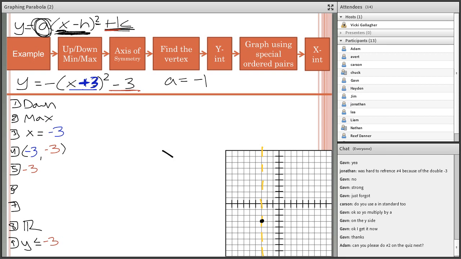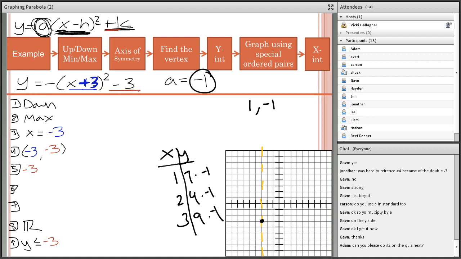My special ordered pairs, 1, 1, 2, 4, 3, 9, and then I've got to multiply them all by -1. In this problem, that's just going to make them 1, -1, 2, -4, 3, -9. So all it does is it ensures that you go down instead of up.